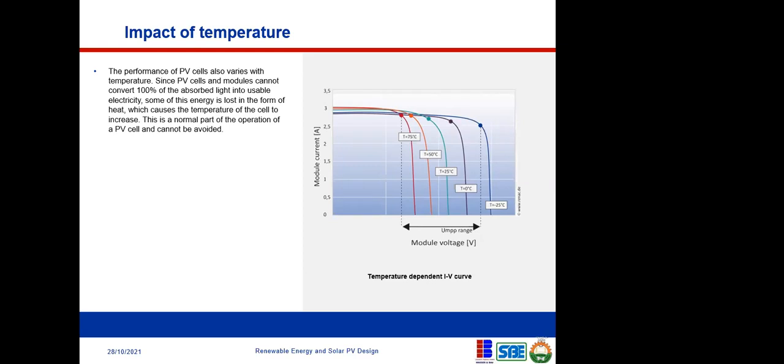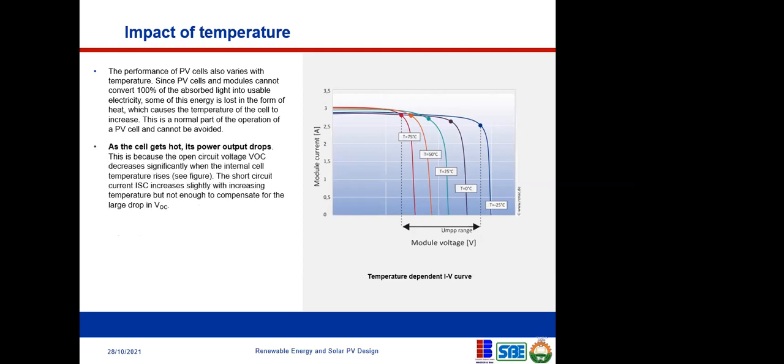Some of it converts to heat and heats up the surface, and once it's heated up, it affects the electricity output. As the PV cells get hot, the power output drops. This is because the open circuit voltage decreases significantly when the internal cell temperature rises.